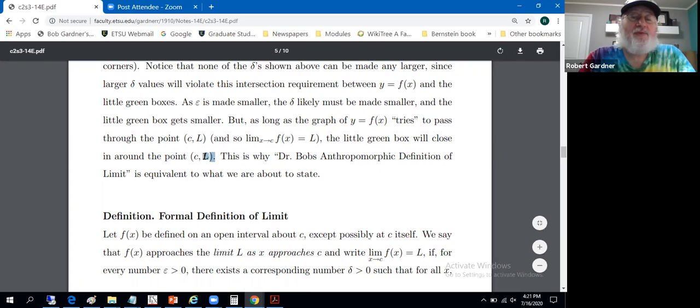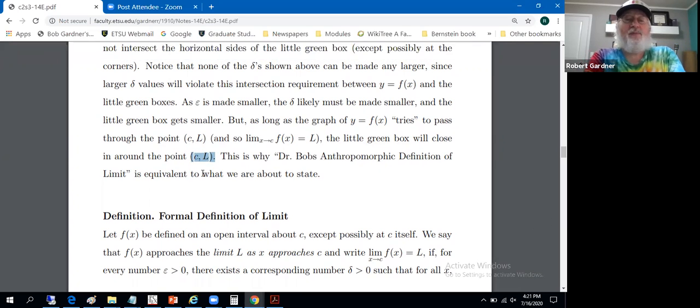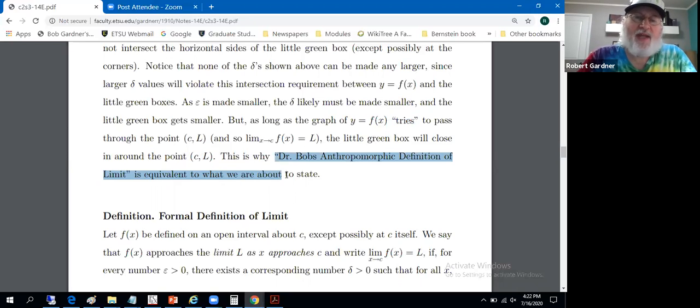That little green box, when you make the epsilon smaller and the delta correspondingly smaller, is going to center in on that point c comma L. I don't know if that's a point on the graph of the function or not. It doesn't matter if we're talking limits. But that little green box is centering in on what the limit will be when the limit exists. That's the reason the graph of the function tries to pass through the point c comma L. That's the reason Dr. Bob's anthropomorphic definition is actually correct.